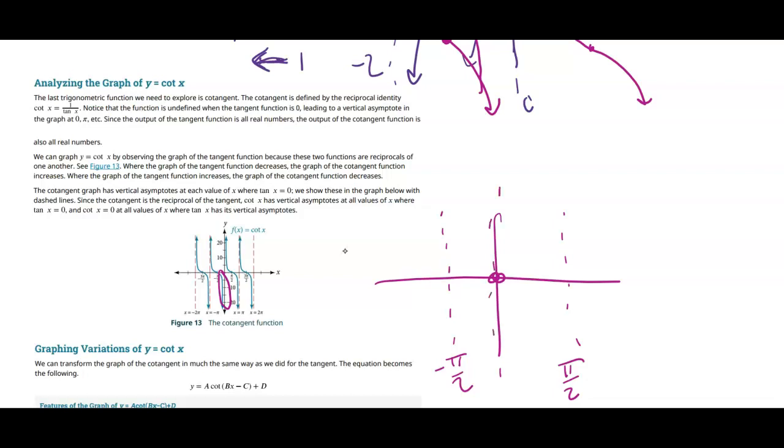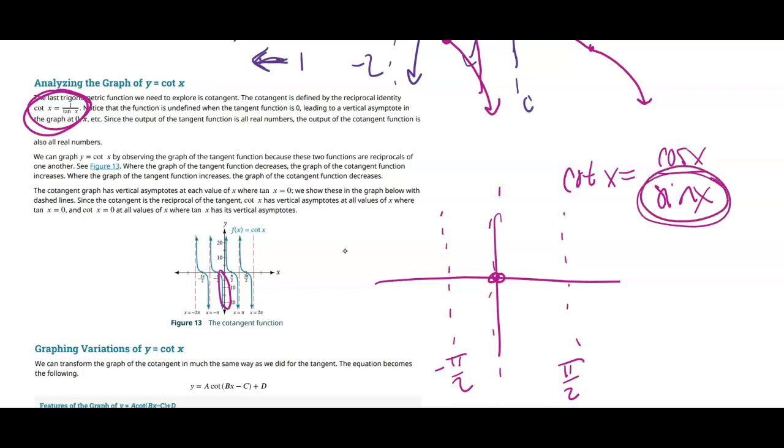So the other way you could also look at it, if the 1 over tangent is a little bit confusing, is cotangent of x is also cosine x over sine x. And so where sine is 0, cotangent would have vertical asymptotes there.